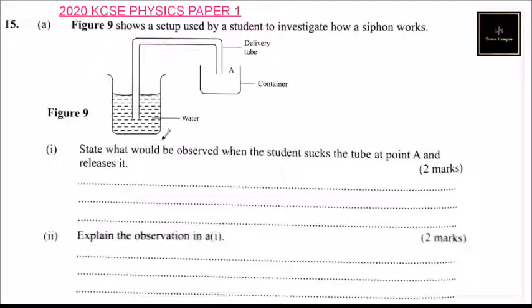So what will be observed is that upon sucking, water will flow into this empty container, but upon releasing, the water will stop because this container is higher than the container the student wanted to suck.